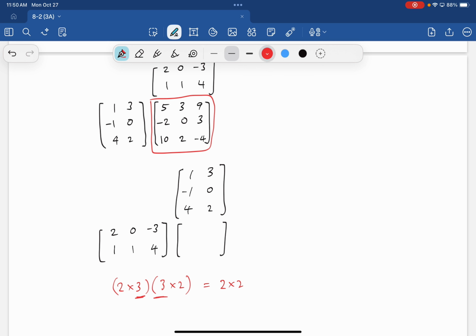Okay? So I can multiply them once again. So this entry here is going to be 2 plus 0 plus negative 12. Okay? Which is going to give me negative 10, right? And then the next entry is going to be 6 plus 0 plus negative 6, which is 0, right?